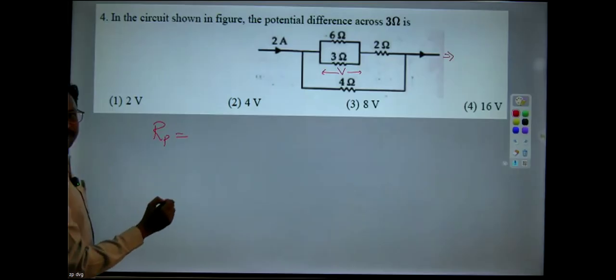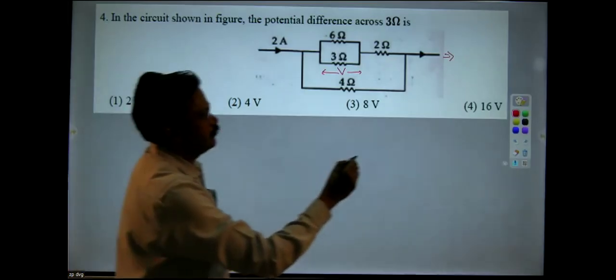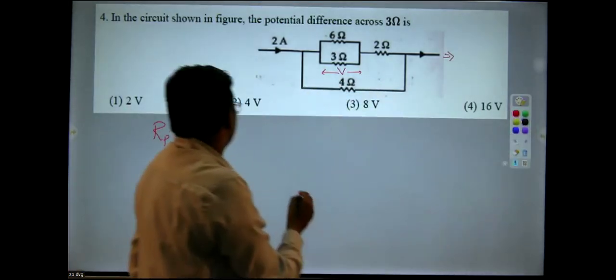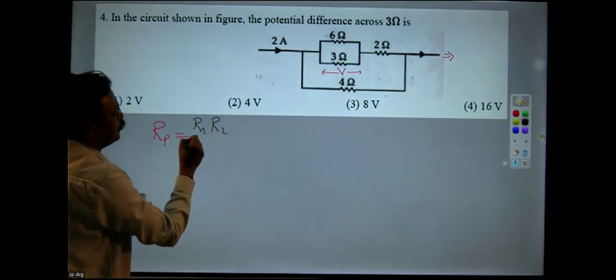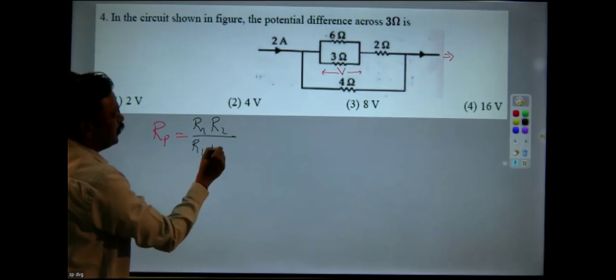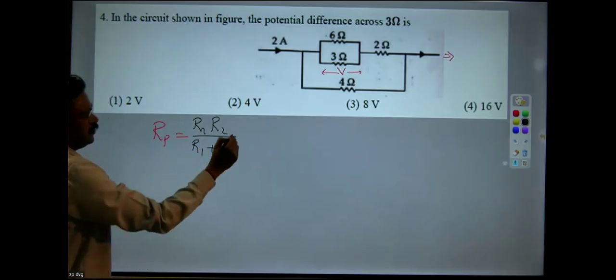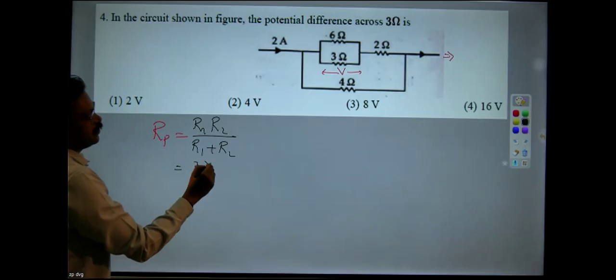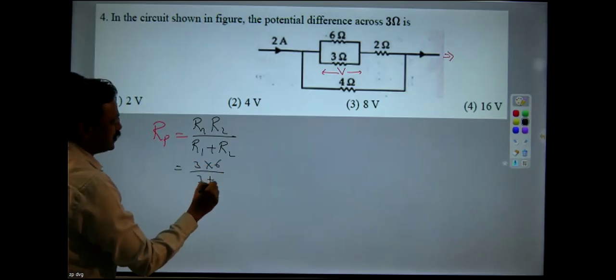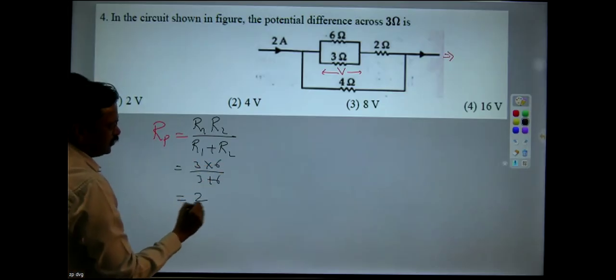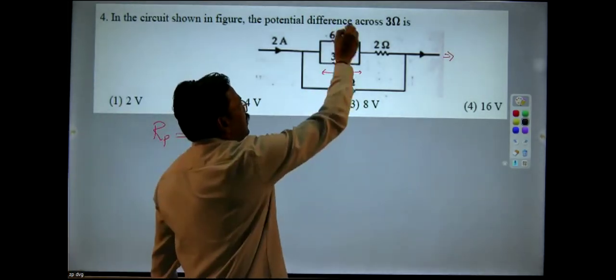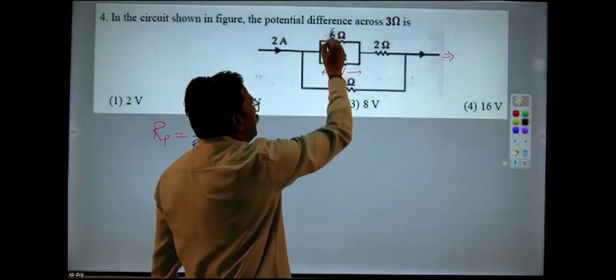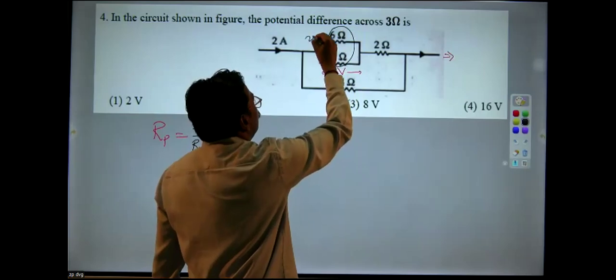RP is equal to, by the formula, R1 R2 by R1 plus R2. So this is 3 into 6 by 3 plus 6, which we find as 2 ohm. So the parallel combination resistance becomes 2 ohm.